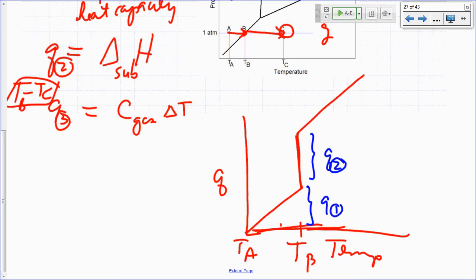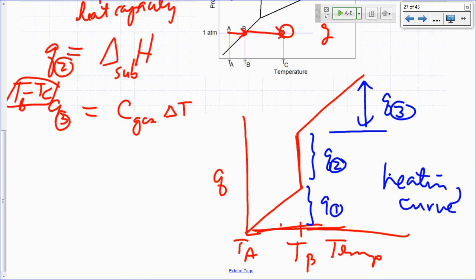Keep heating it, the temperature will start going up again. This difference right here is Q3. You should be able to draw a curve like this. This is called a heating curve, for a substance that sublimes.